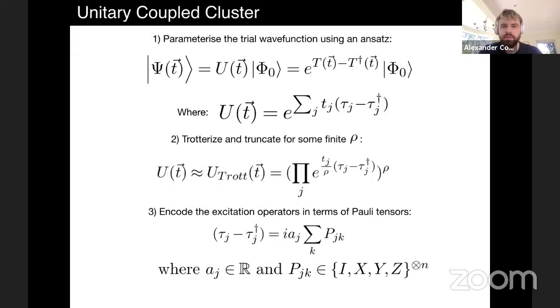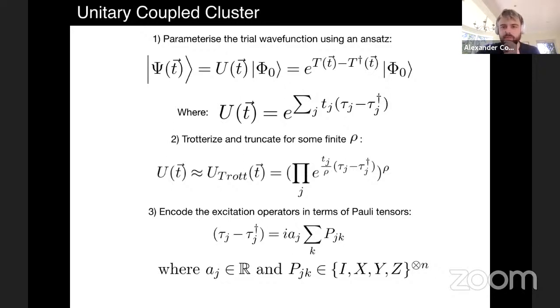So the unitary coupled cluster ansatz, which is what I'm going to be talking about here, starts off by taking some reference state and exciting it using some fermionic operators. So we have the reference state phi 0, and we're exciting it with this exponential sum of tau's.